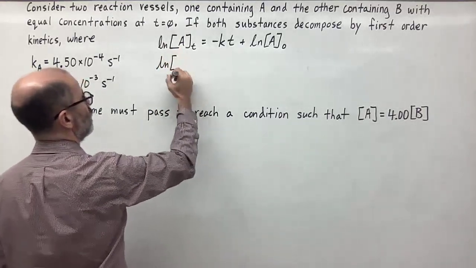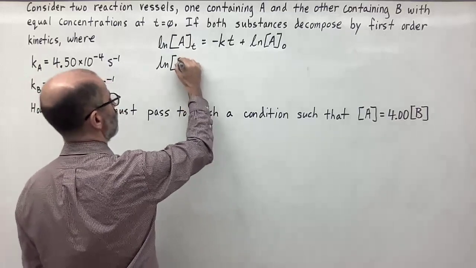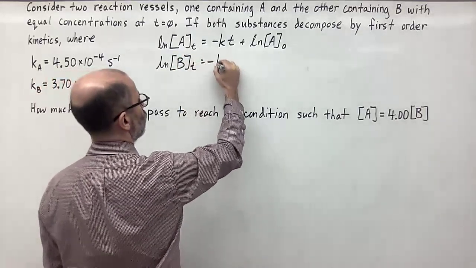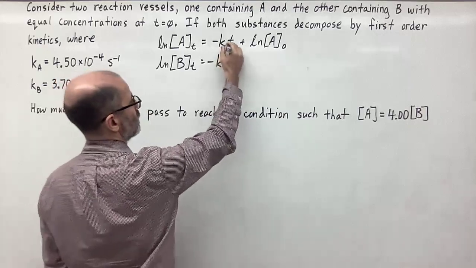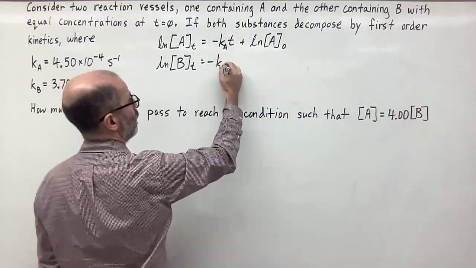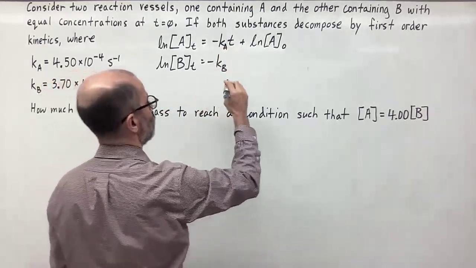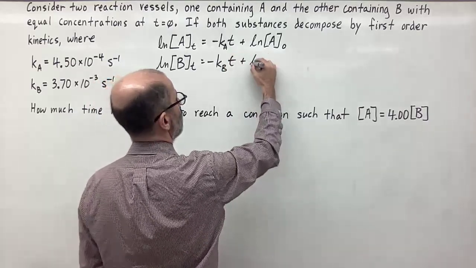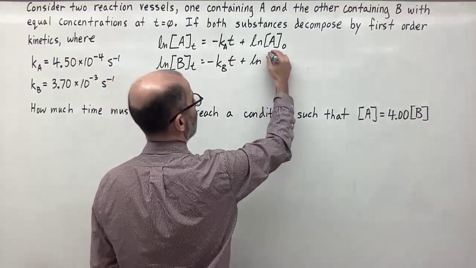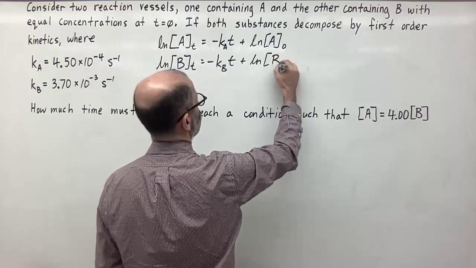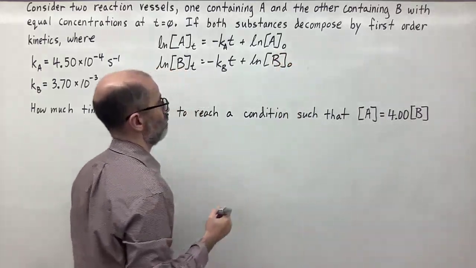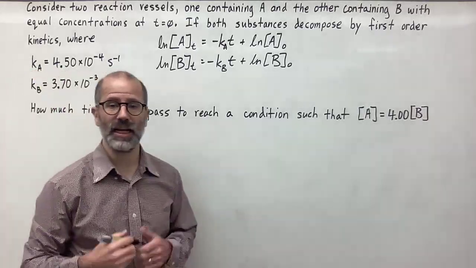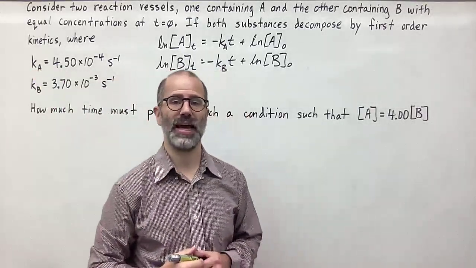So it would be the natural log of the concentration of B at time t equals negative k. Oh, I should specify this is Ka and this is Kb because those are different, times t plus ln of the initial concentration of B. Okay, now we also know that the initial concentrations are the same, right?